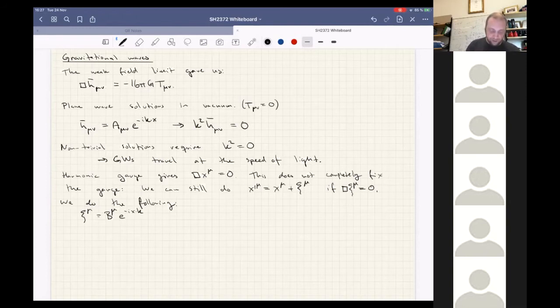Now, since this satisfies this condition, again, since k is light-like, this condition is going to be satisfied if we choose psi like this. So given that, we can choose B freely.